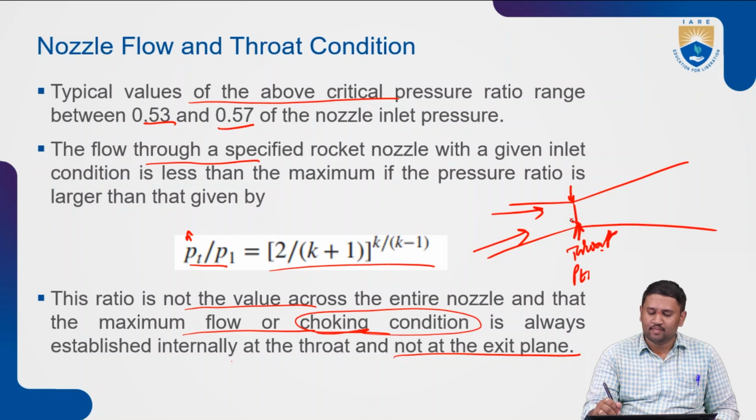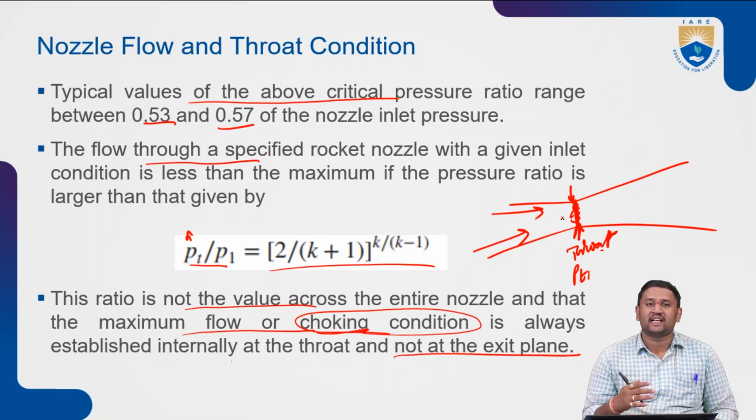At this point, per unit cross-sectional area, that will be the maximum amount of flow that it can carry. It cannot exceed that. If it exceeds, the nozzle, particularly the throat, gets damaged. So that particular phenomenon is called choking.